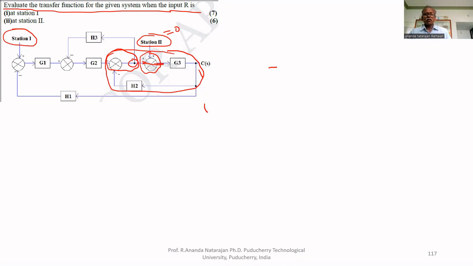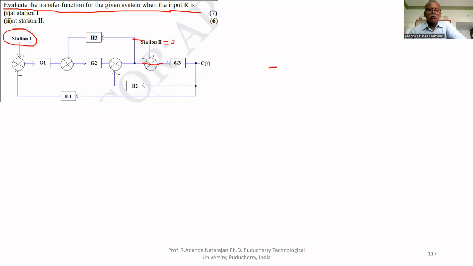To remove that hurdle, it is better to move this first. First, what we have to do is, as I already told you, this summing junction is removed by making station 2 equal to 0.